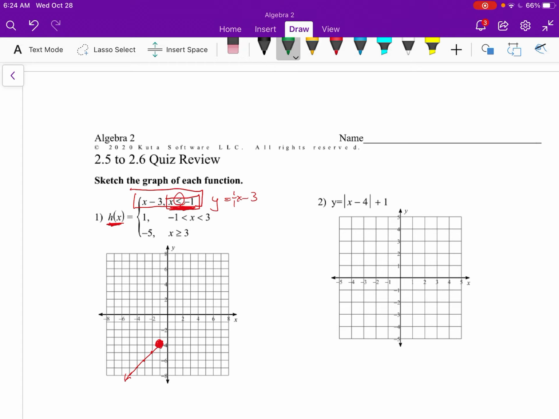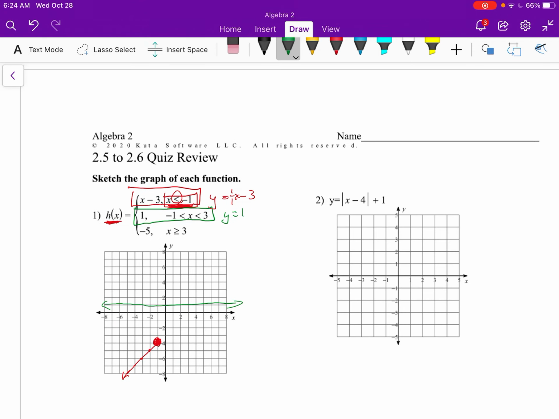Let's move on to the next section. This is just y equals 1. We know y equals a constant is simply a horizontal line. So we're going to go y equals 1. Well, y equals 1 is up here. There's y equals 1. And once again, it's got this interval that we want to graph, from x is negative 1 up to x is 3.